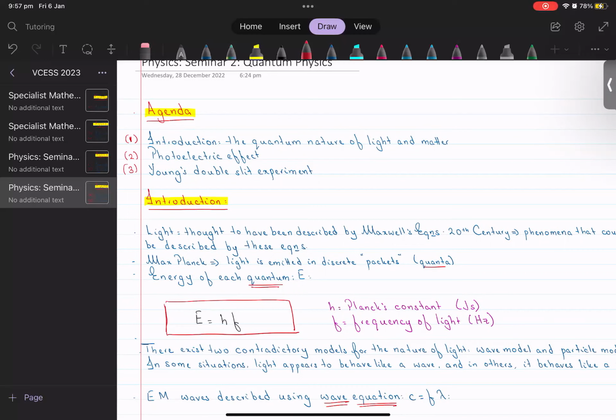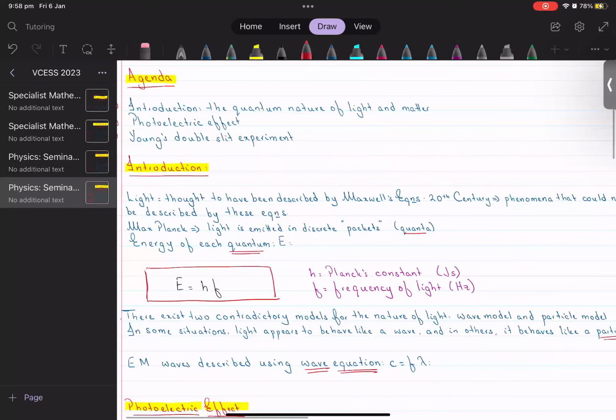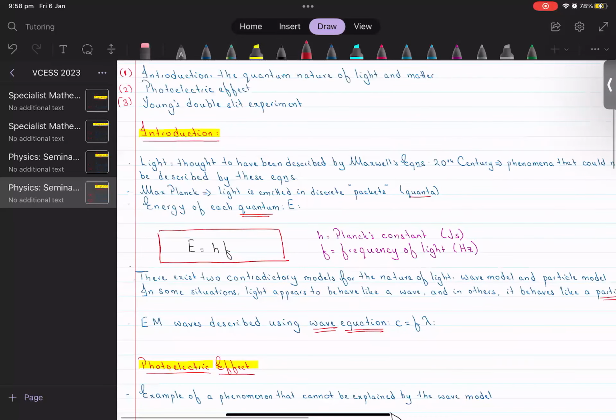One is the photoelectric effect, which is supported by the particle nature of light, and the other one is Young's double slit experiment, which is supported by the wave model of light. We'll see what all these terms mean in a second. So let's get straight into it.